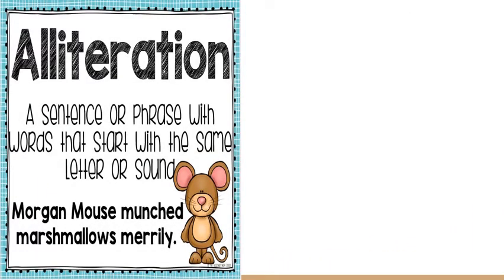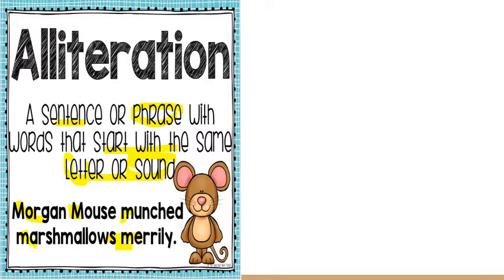Let's start with alliteration. The definition of that is where a sentence or a phrase of words start with the same letter or sound. Now, I used a very simple example here. Morgan Mouse munched marshmallows merrily.